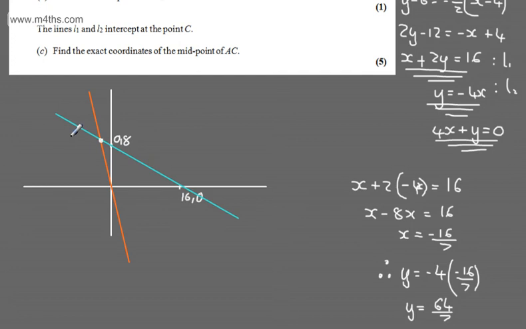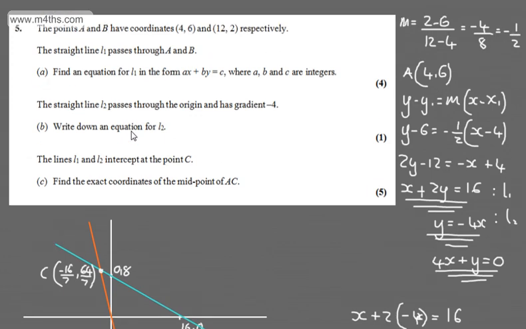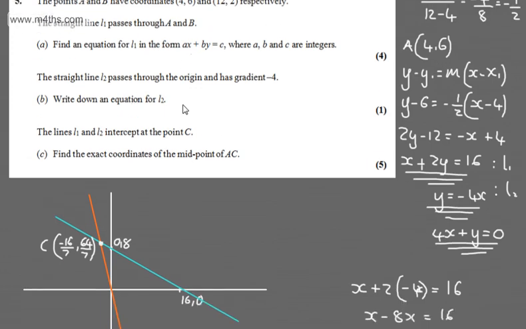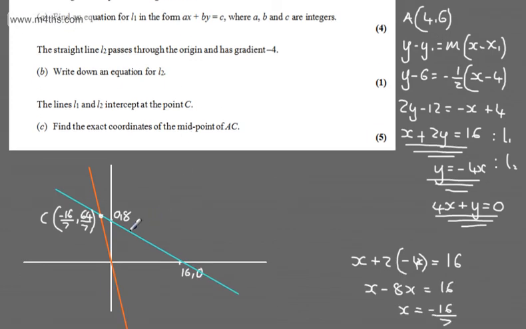So this point right here, this is going to be the point C. So C has the coordinates (-16/7, 64/7). We also have this point A. Now we're told that A is (4, 6). So let's go ahead and put that just here. This doesn't have to be massively accurate, but it gives us some idea.